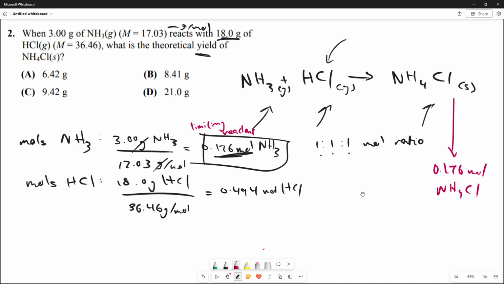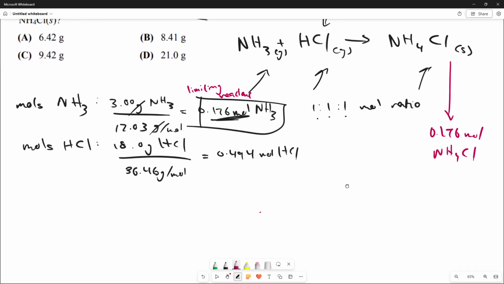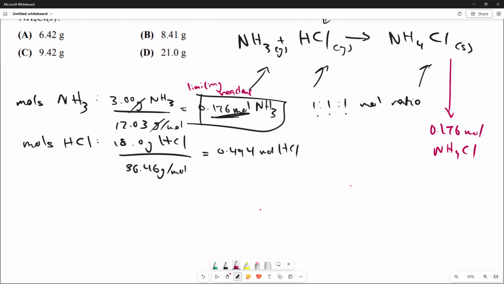Okay, let me give myself some more space. So now that we have that, we need to find how many grams of NH4Cl we have.